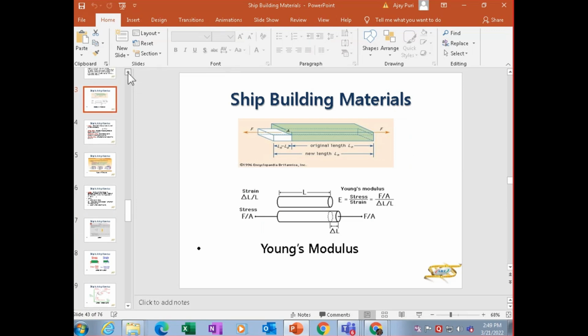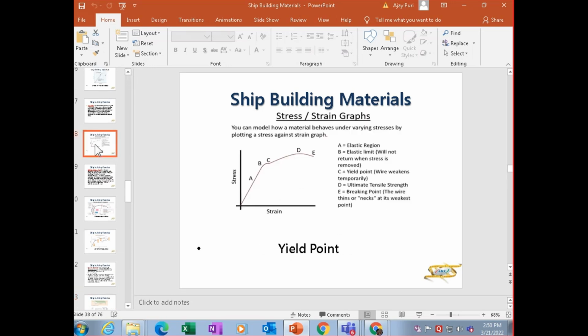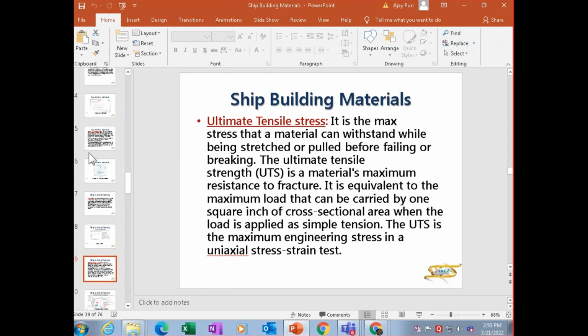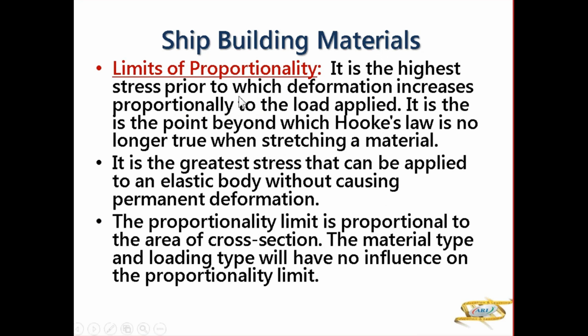So, the limit of proportionality is the highest stress up to which the deformation increases proportionally to the load applied, and beyond which the material will stretch, but the stress will not be proportional to strain.